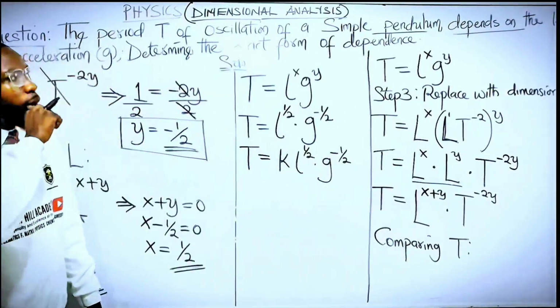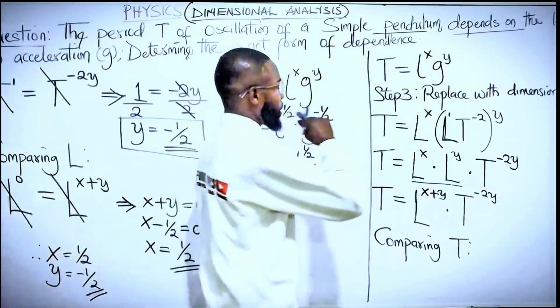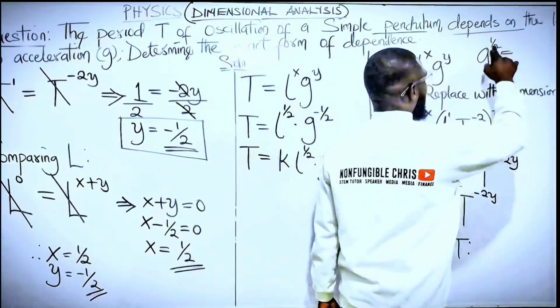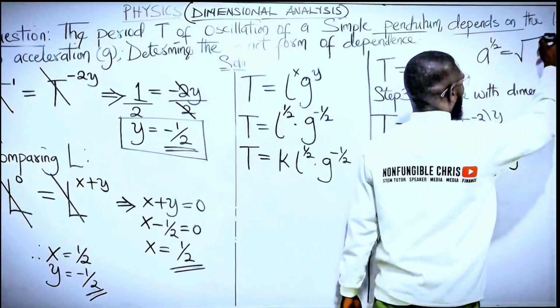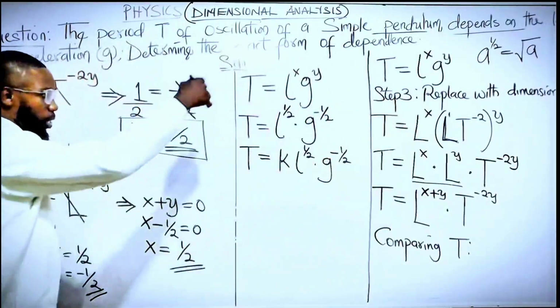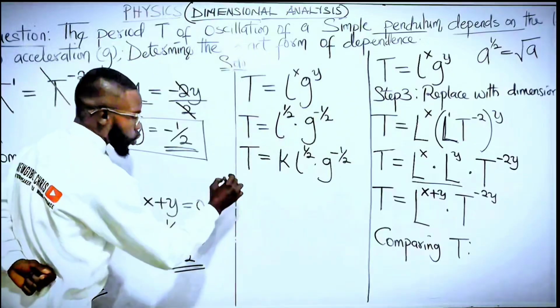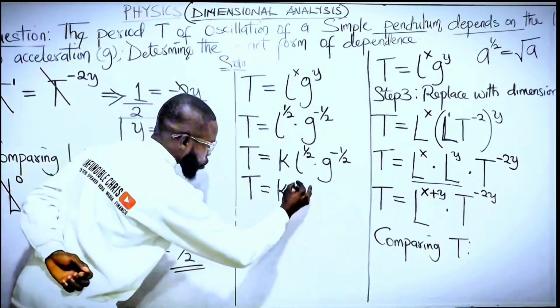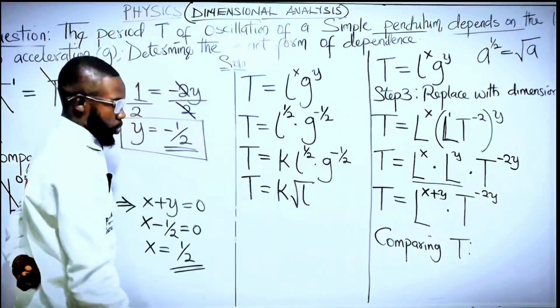Now for indices, we know that if we have a raised to power 1 over 2, this 1 over 2 means square root of a, right? I've done this on an indices class. Maybe I'll share that on the link as well for you to understand. So we have t is equal to k root L, right?